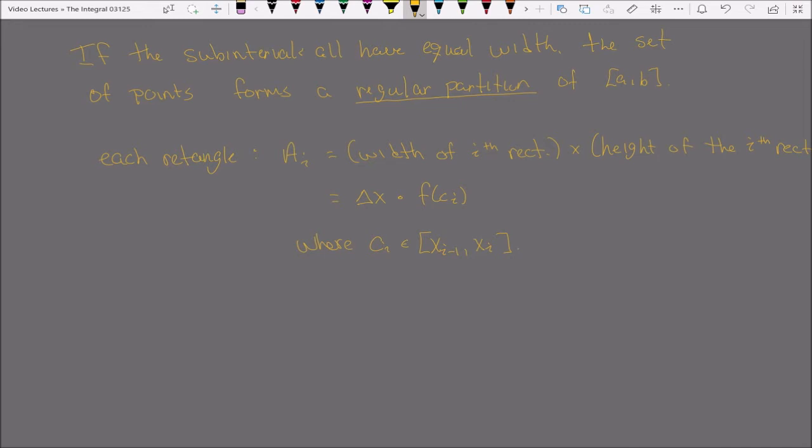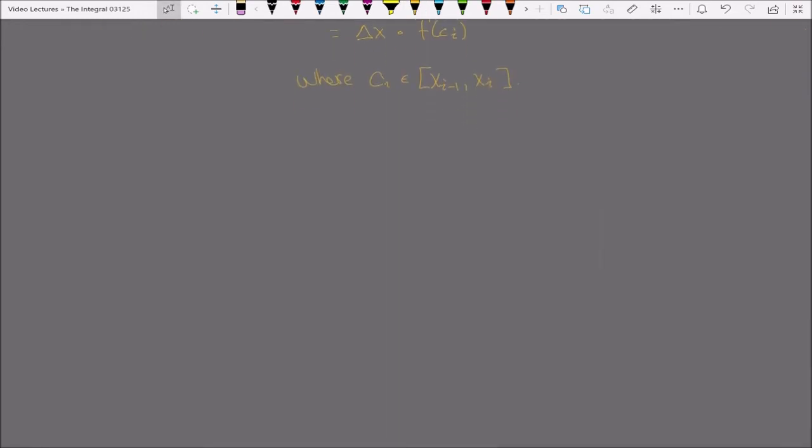And there's three standard ways to pick these points c sub i. You can pick it however you want, but there are three very commonly used methods of picking the c sub i. The first method is to let c sub i be the right endpoint of the subinterval.